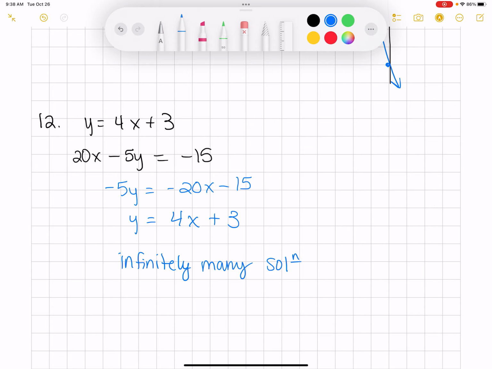All right, so the next problem says to solve the system, then classify the system as consistent and independent, or consistent and dependent, or inconsistent. With these, we pretty much should be able to look at the lines and tell what they are.